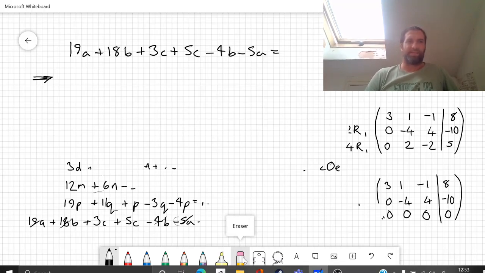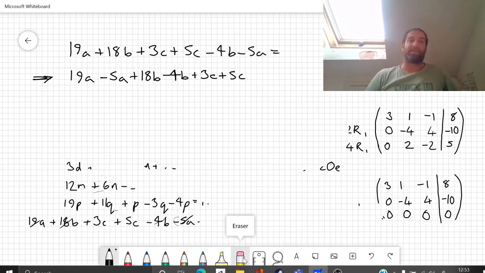We group them all together like we did before. 19a minus 5a, and you've got plus 18b, and you've got minus 4b, and then you've got plus 3c plus 5c.